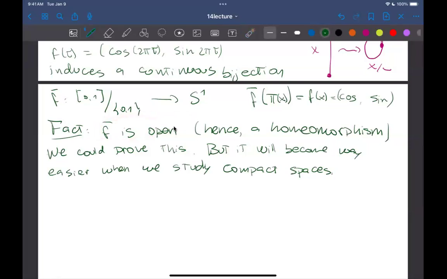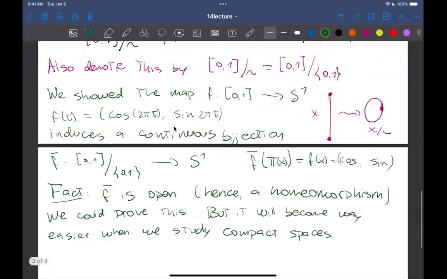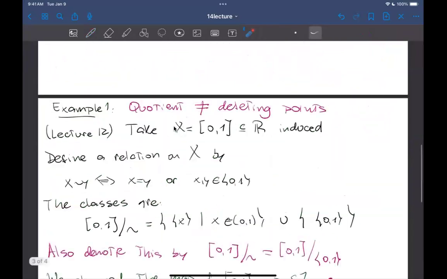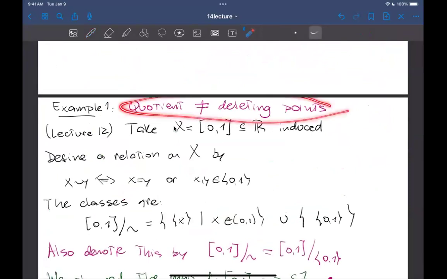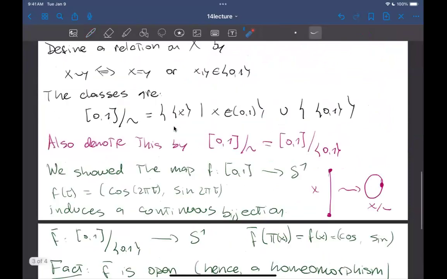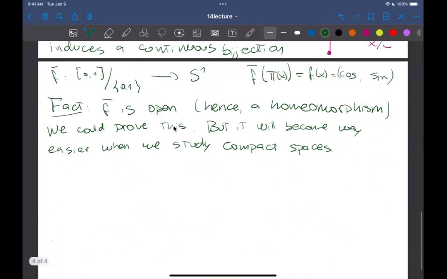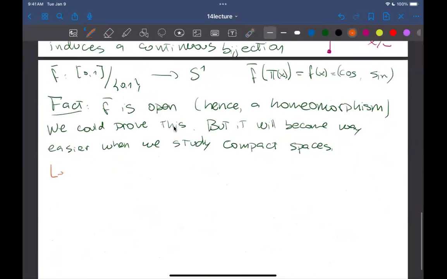Okay, so far the only thing that I did was identify this quotient space as S1. But the idea for this example was to show that quotients are not just deleting points. Here, I'm not just deleting a point, I'm doing something else. So let me go back now to the example of deleting a point, which was lecture 8.